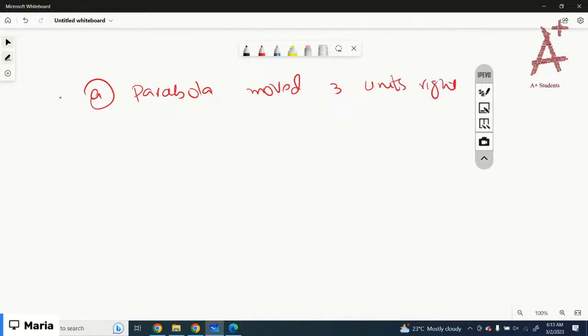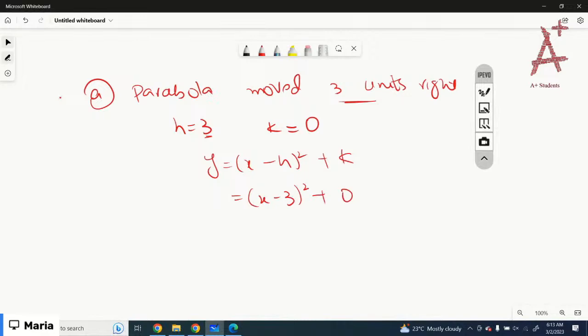Just 3 units right. That means h equals 3 and no up movement, so k equals 0. So the equation is y equals x minus h whole square plus k. Just put in the values: x minus 3 whole square plus 0. So the equation is y equals x minus 3 whole square. Got it?